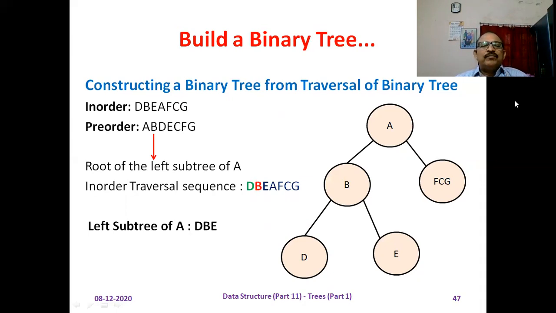Now next, look at the in-order traversal sequence. Here you can see only one node on the left of B, which is D, and only one node on the right of B, which is E. So D becomes the left child of B and E becomes the right child of B.